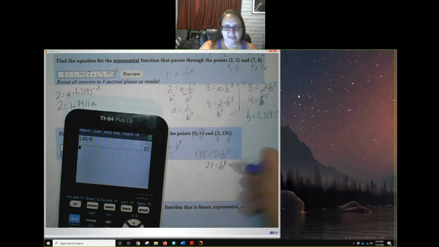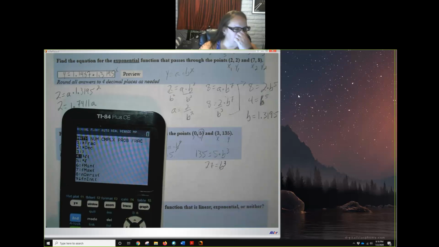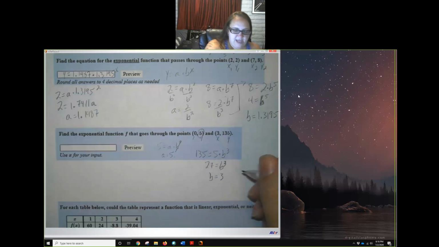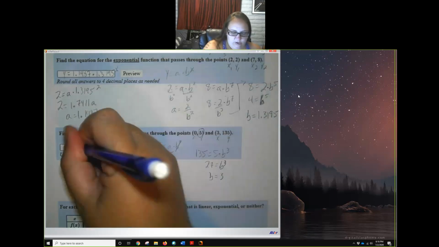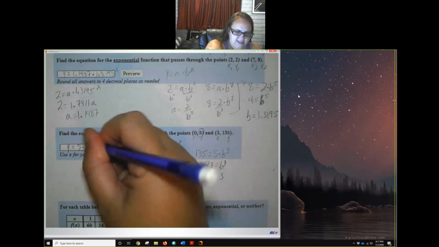And then since this is the 3rd power, we would want the 3rd root, which is right there on my calculator, the 4th option in math. The 3rd root of 27 is 3. So b is 3, and my equation is y equals 5 times 3 to the x.